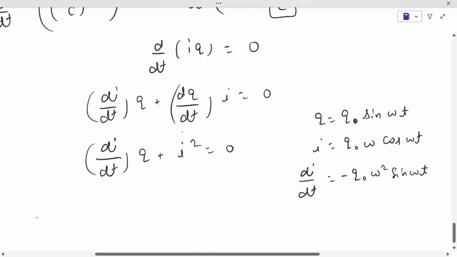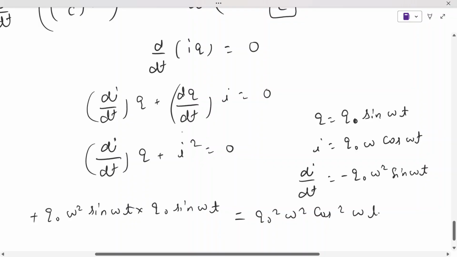Then I will put the values: minus Q naught omega square sin omega t, and Q is Q naught sin omega t, plus I square. I is Q naught omega cos omega t, so it will be equal to Q naught square omega square cos square omega t. Fine.